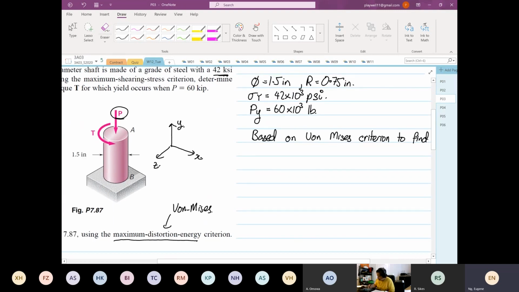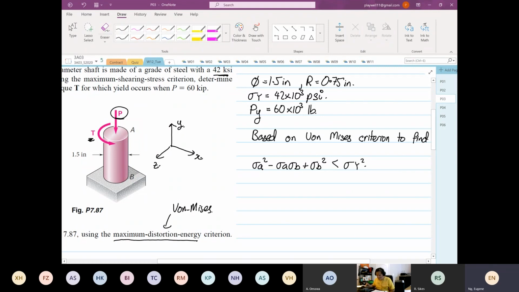So T over here is equal to the torque. When you realize it's von Mises, you know that principal stress A squared minus stress A stress B plus stress B squared has to be less than your stress U squared.